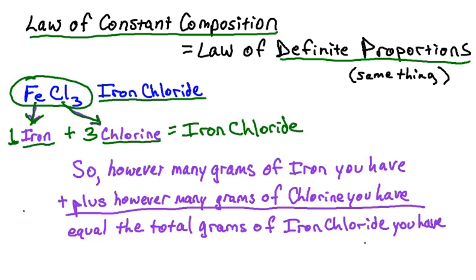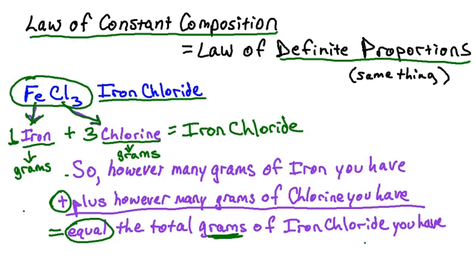But what we're dealing with is the amount of iron in grams and the amount of chlorine in grams. So however many grams of iron you have plus however many grams of chlorine you have is going to equal the total number of grams of iron chloride that you have.